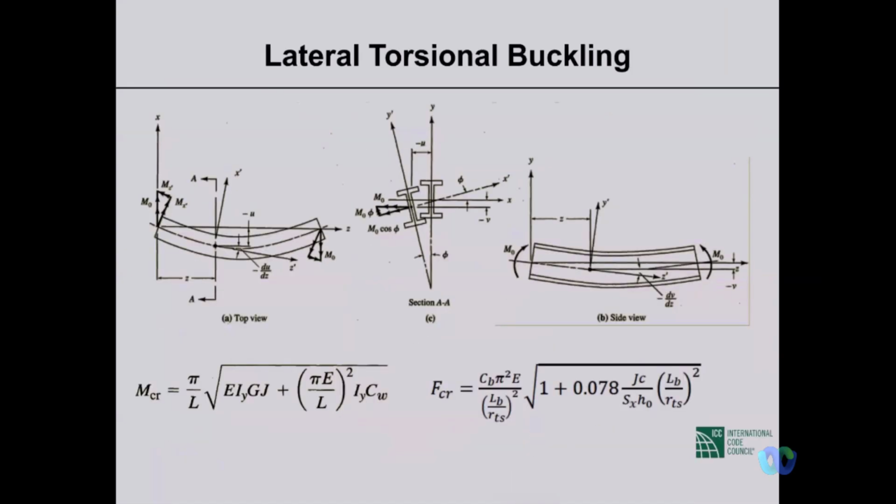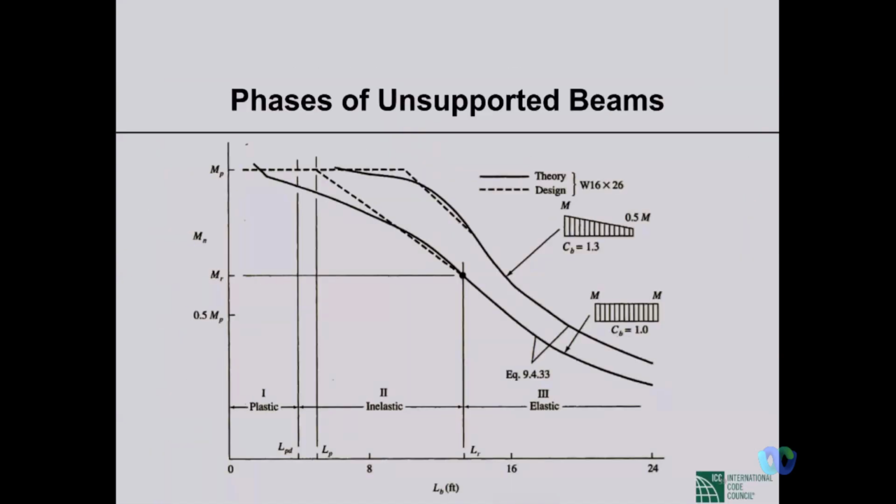In case of unsupported beams, when there will be lateral torsional buckling, still these 3 phases are possible. But in that case, whether there will be lateral torsional buckling or not will depend on the unsupported length. So here we are not talking about lambda, that is, the slenderness ratio or width thickness ratio of different elements. We are talking about unsupported length. So we are talking about L.